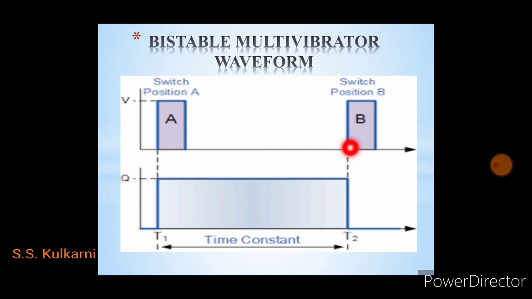Hence, the output becomes low and stays until the next trigger is applied. This is nothing but the switch position B. That means here two triggered pulses are required to switch from high to low, low to high. Hence, it is known as bistable multivibrator.